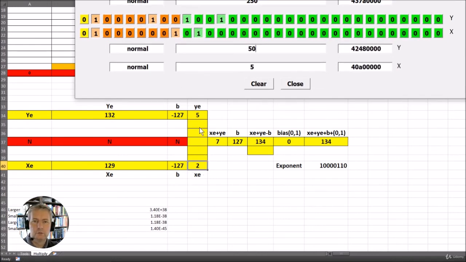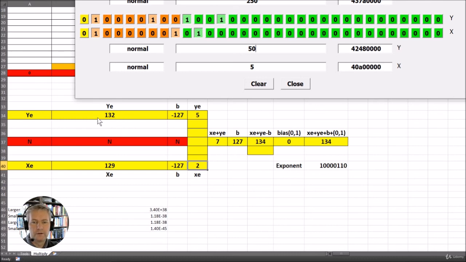We can get it in two ways. We can actually look at the unbiased values, which is our small xe and our small ye. So we're adding a small xe and a small ye, and we're adding on the 127, and it gives us our final result. The other option, which was the first one that we looked at, was looking at the output in terms of the original biased exponent.